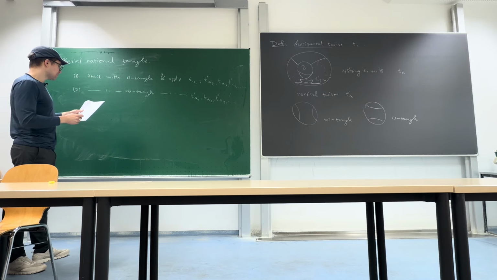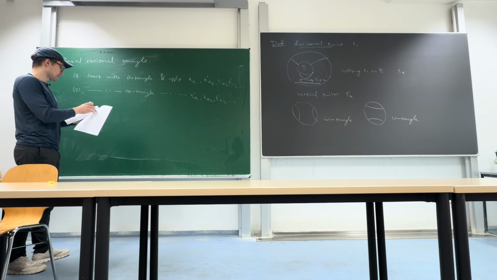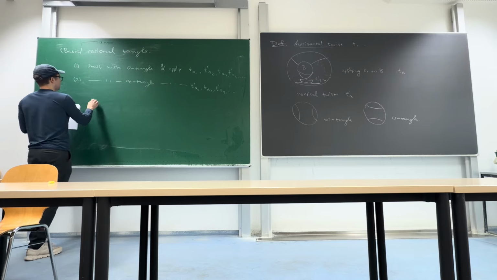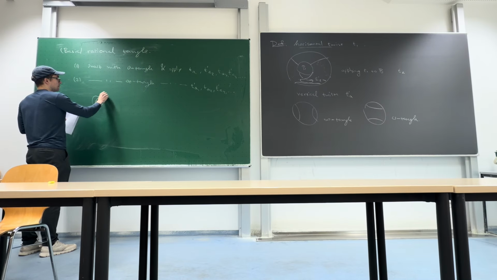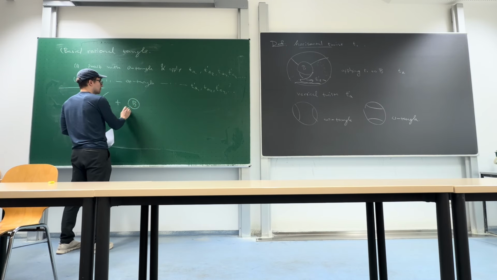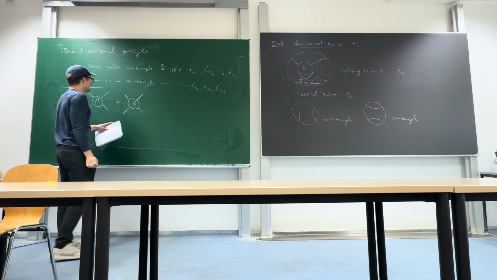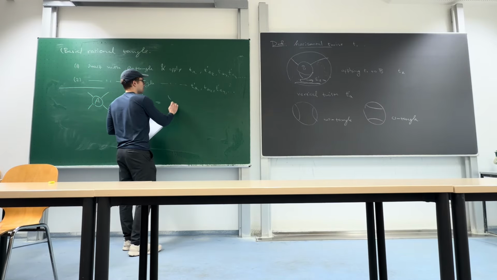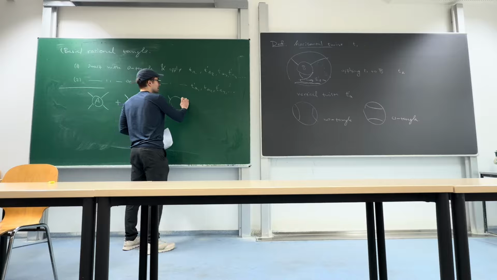If we wish, we can define some algebraic structure on tangles by saying that we can add two tangles. So here's a tangle A, and here's a tangle B. We can add them by pasting them horizontally.